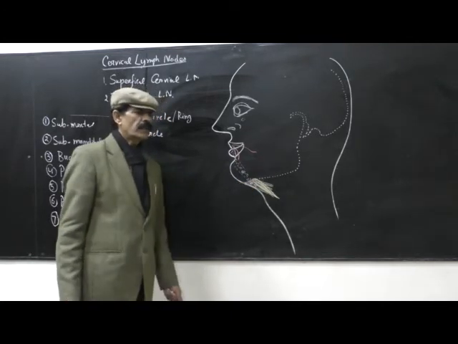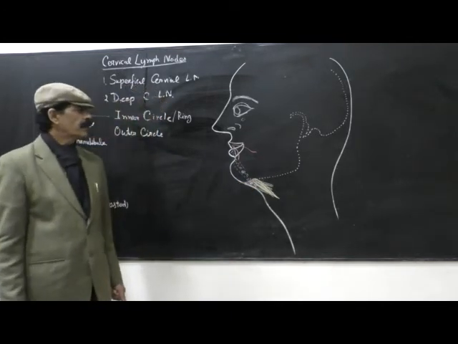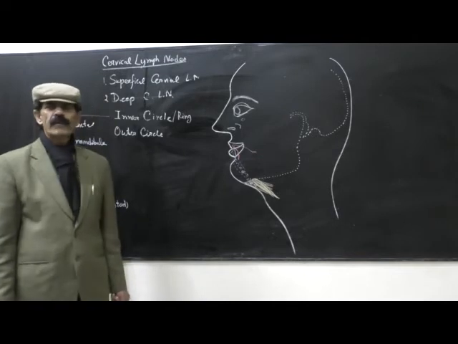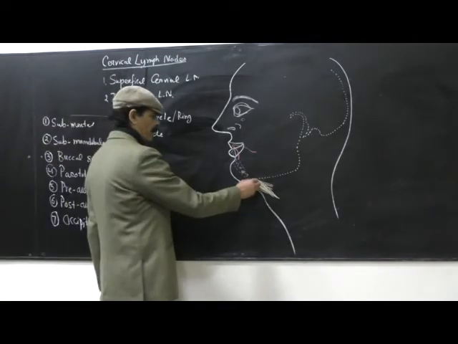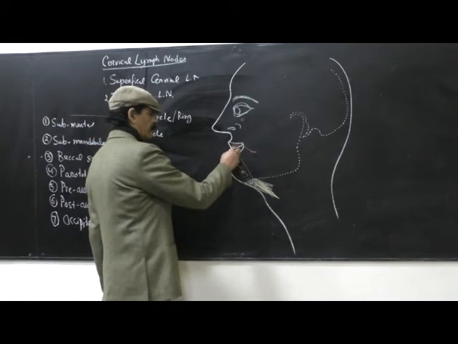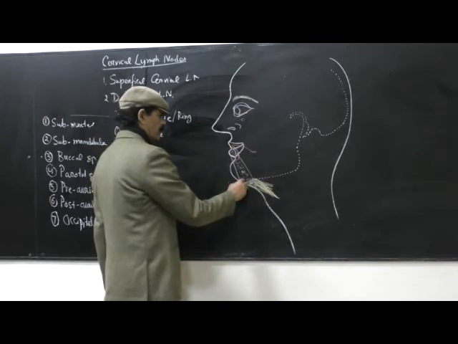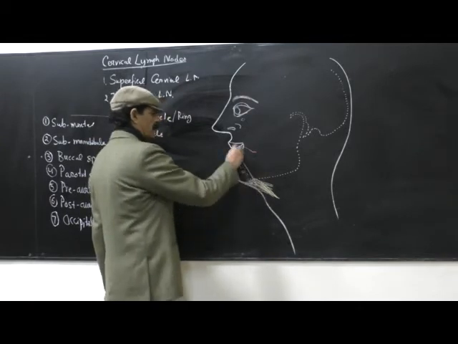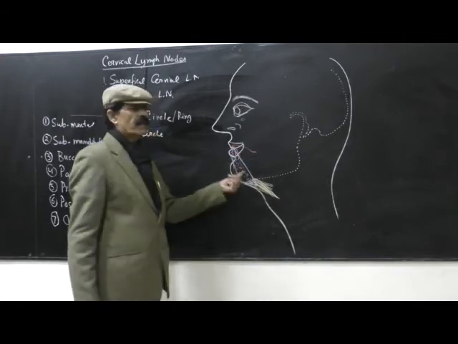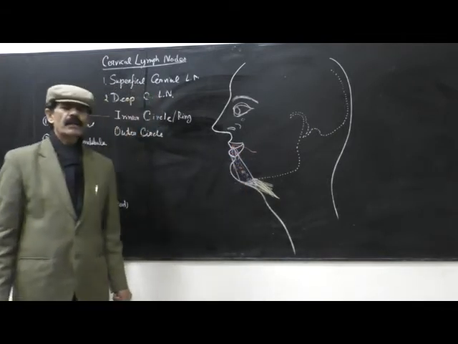So it gets the afferent from a wedge-shaped area of the lower part. A wedge-shaped area is the part of the afferent of the submental lymph nodes.